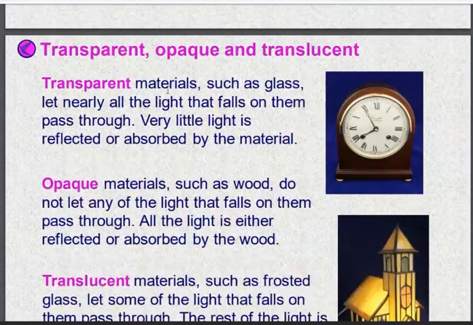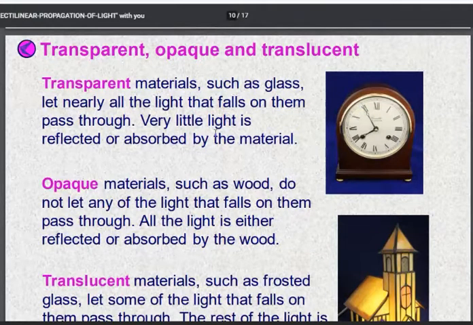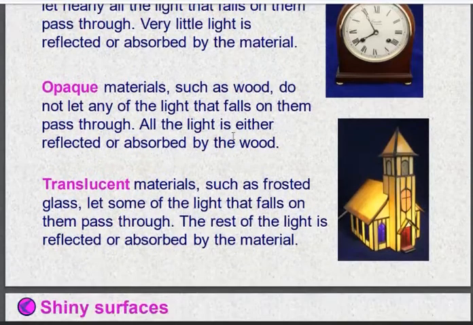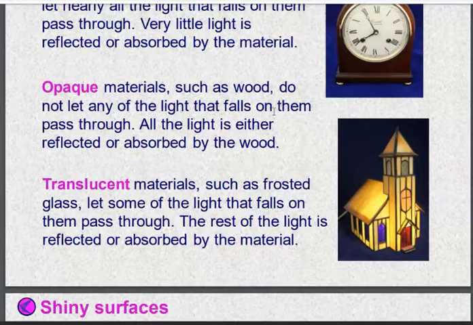So transparent materials such as glass let nearly all the light that falls on them pass through, and very little light is reflected or absorbed by the material. On the other hand, materials such as wood do not let any of the light that falls on them pass through, and all the light is either reflected or absorbed by the wood, so it is called opaque.